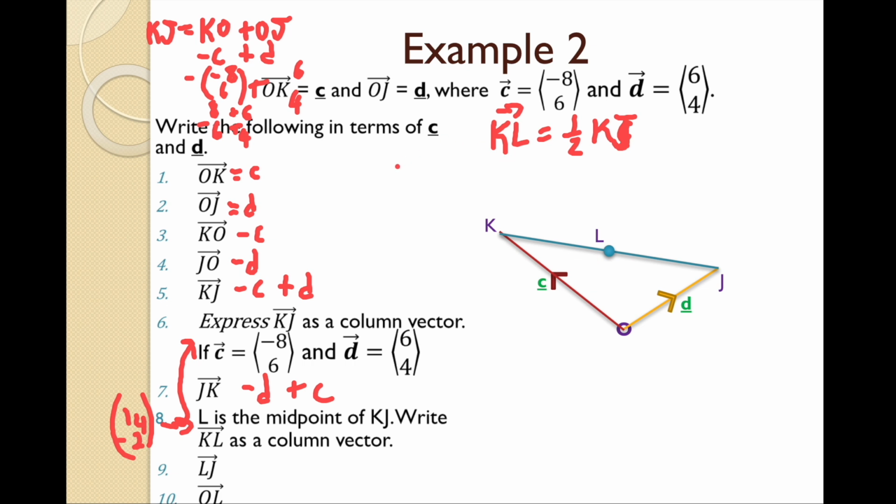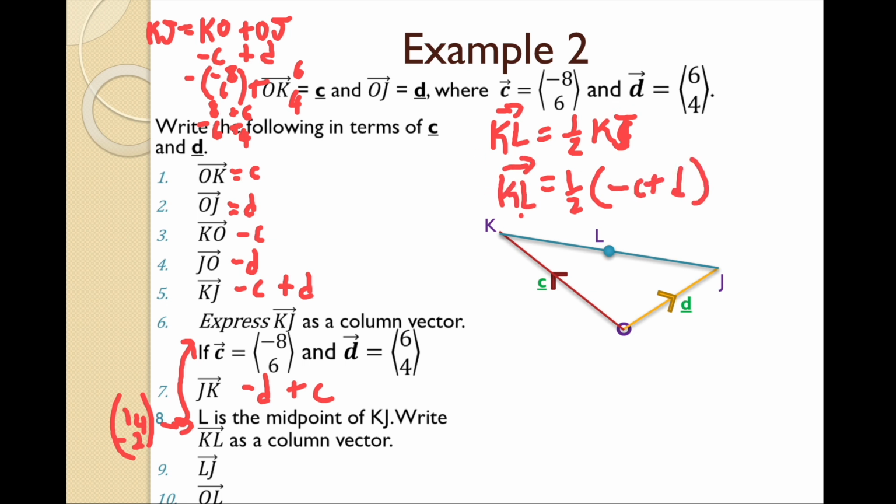Okay, remember last time we had ratios, which is possible to get for this as well, but in this case we have one line here. So KL is equal to half KJ. What is KJ? We already know what KJ is. KJ is minus C plus D, and KL would be half of that.